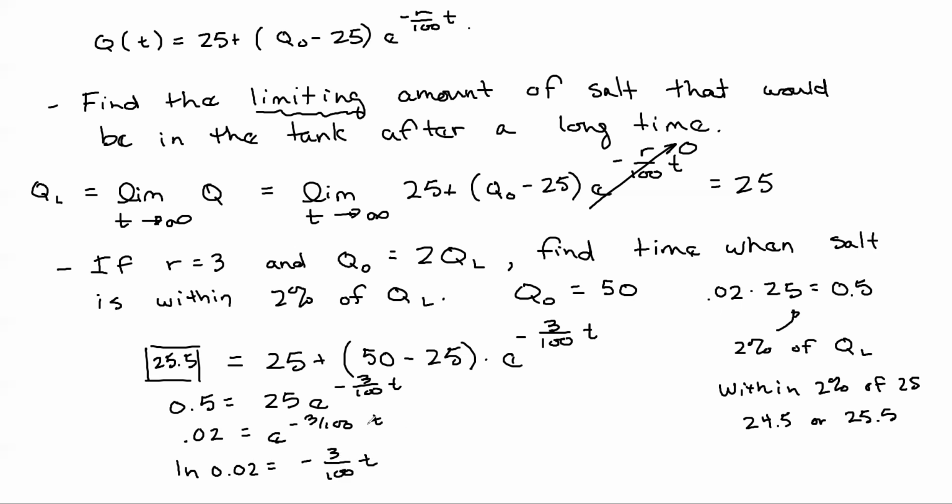The natural log and the e cancel, then multiply by the reciprocal, and we get t equals negative 100 over 3 times the natural log of 0.02. If you pop that into a calculator, you'll get that that is approximately 130.4.